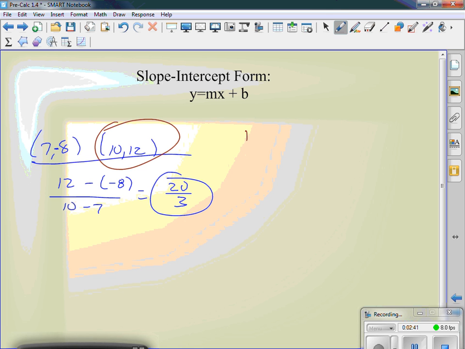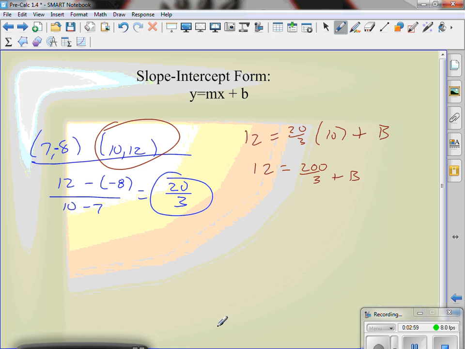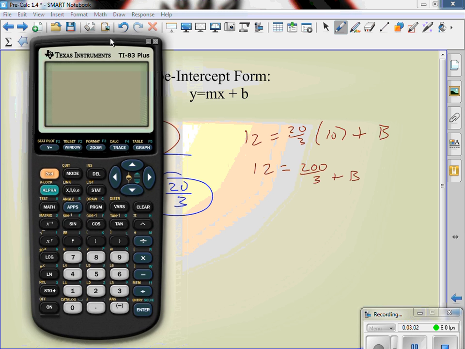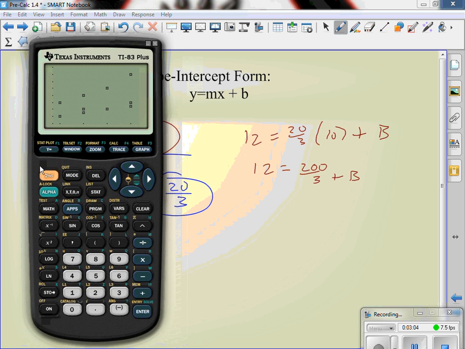So I have 12 equals 20/3 times 10 plus b. So I have 12 equals 200/3 plus b. When I multiply, I need to subtract. 12 minus 200/3.